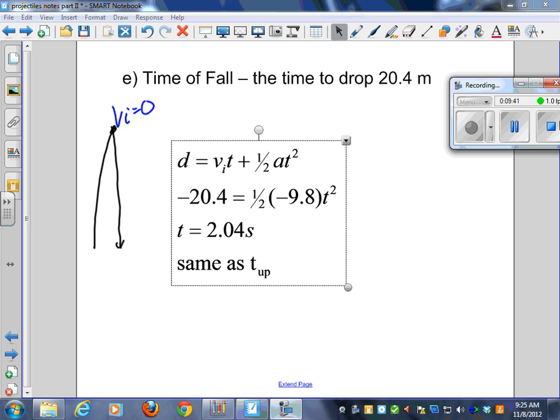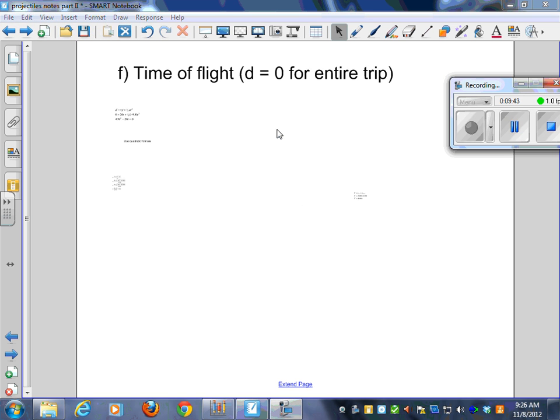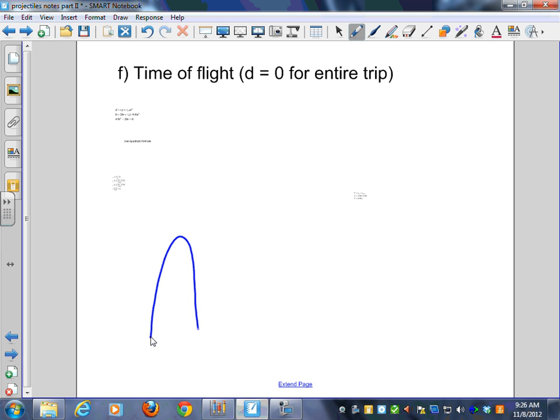What about the time of flight? There's a whole bunch of different ways we can do it. The actual time of flight, the displacement for the entire trip is 0 because I start at ground level and I end up at ground level.